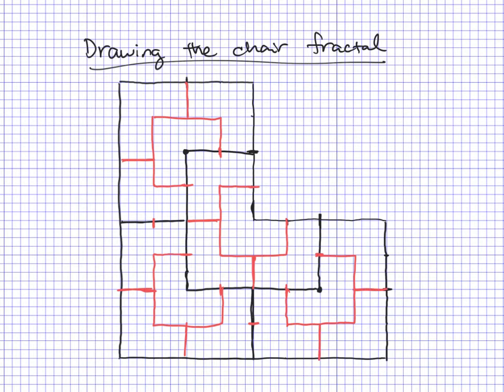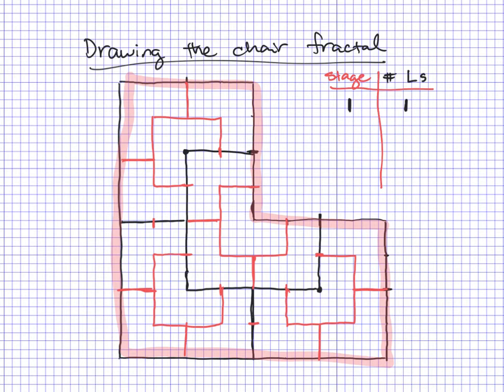Okay, so let's look at how many pieces we had in the first case. In the first case, I had just this one big piece right here. So I'm going to make note of that, actually let's do that in black. Stage 1, I had 1, the number of L's.